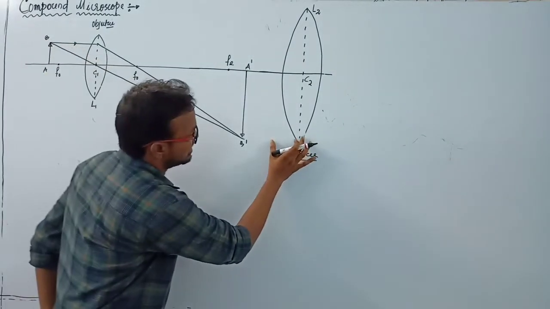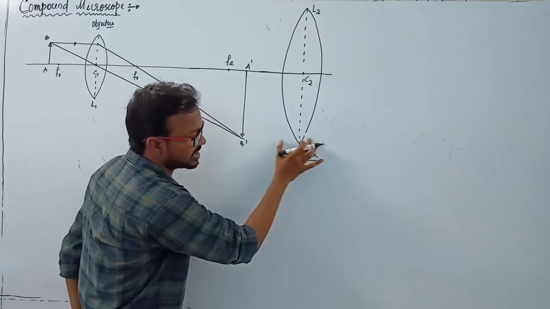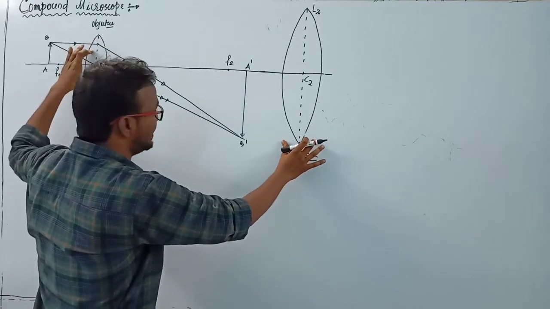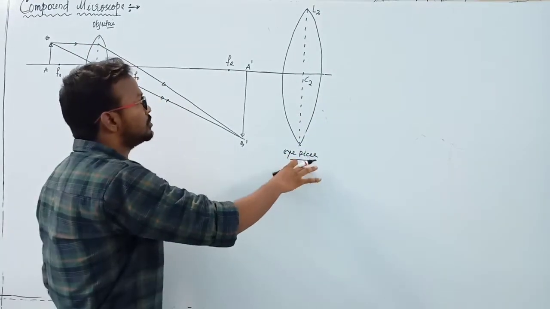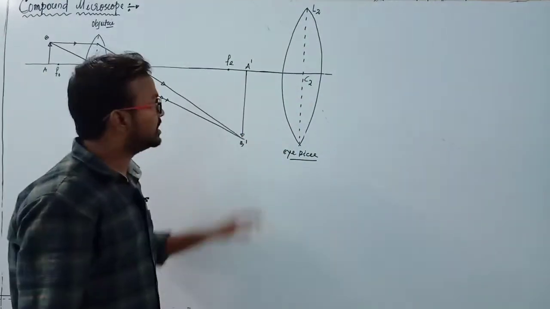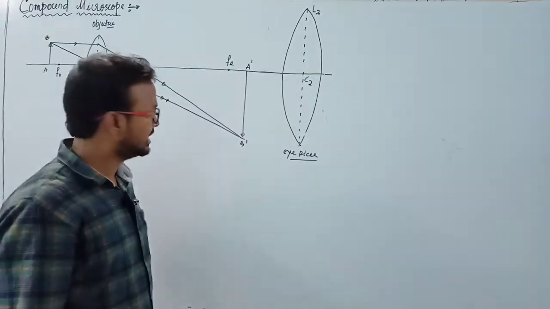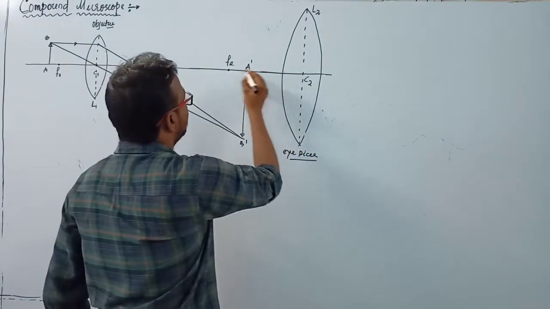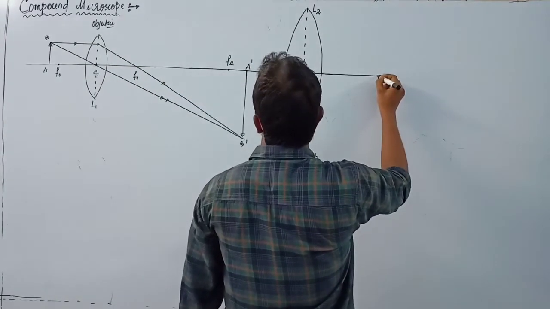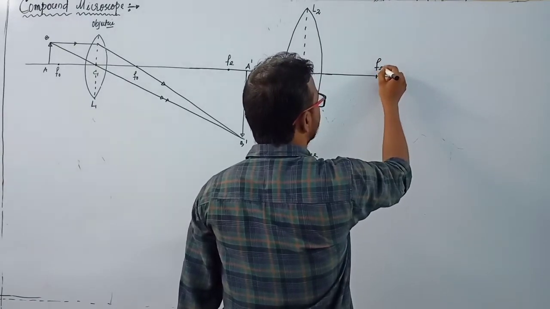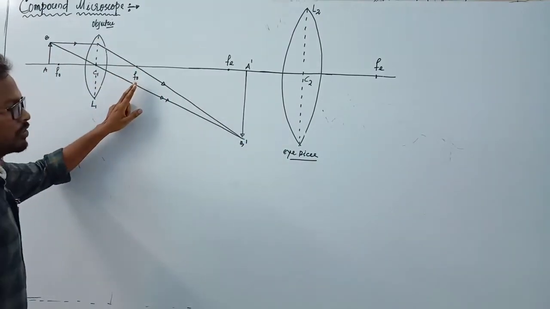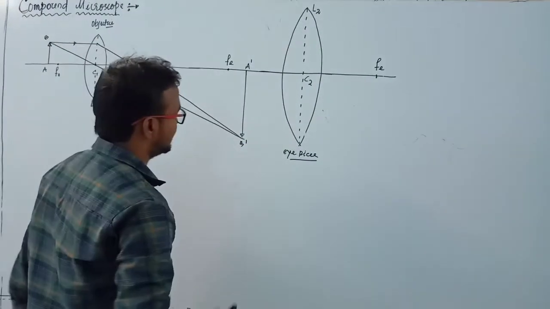It means we have to adjust lens L2 so that the image produced by the objective lens lies within the focal length of the second lens, the eyepiece. Clear? So here this is FE, and there is another point, this also FE. FE means the focus point of the eyepiece, F0 means the focus point of the objective lens.